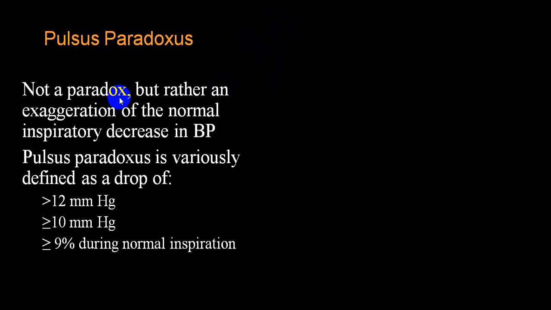So pulsus paradoxus is an exaggeration of the normal inspiratory decrease in blood pressure, and if there is a drop of more than 12 millimeters during inspiration, it will go in favor of pulsus paradoxus.